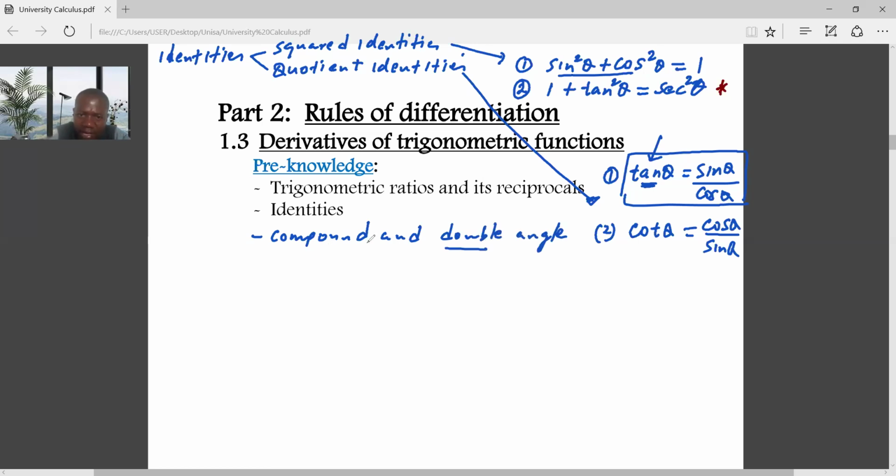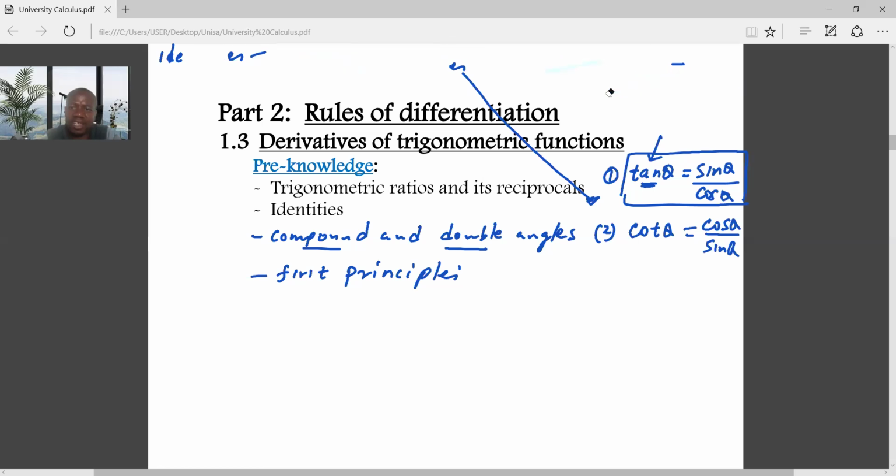These are also relevant. And again, from what we have covered, you need to make sure that you familiarize yourself with the first principles formula. We went through this in the first part, ladies and gentlemen. So it's very important to know this pre-knowledge, what you have learned in grade 12.